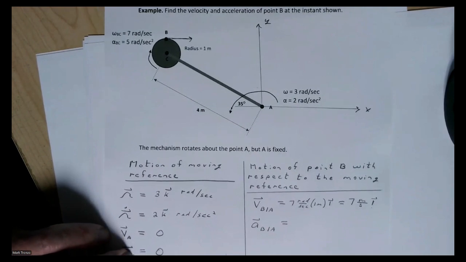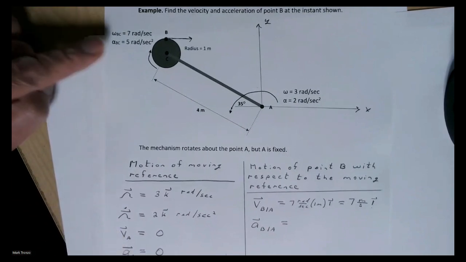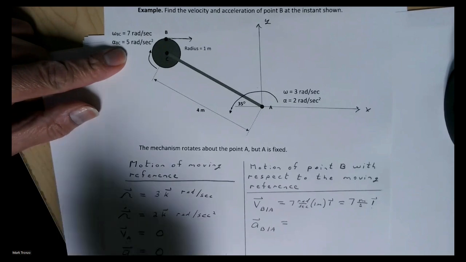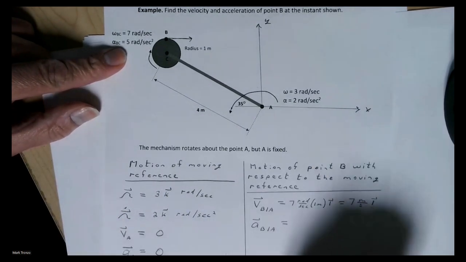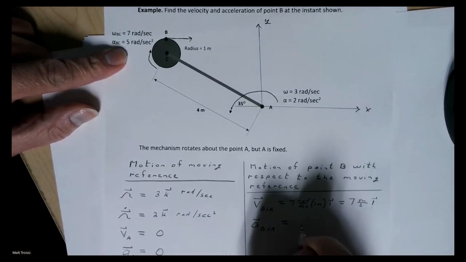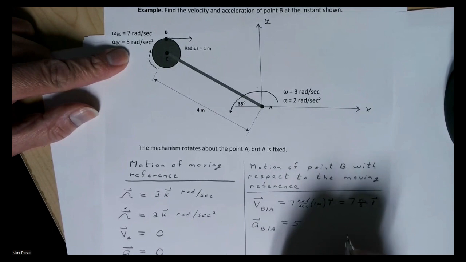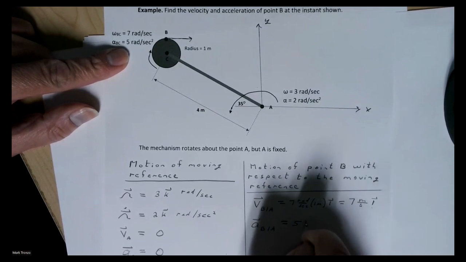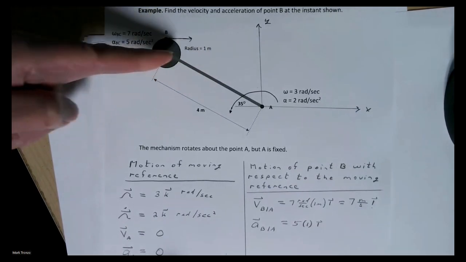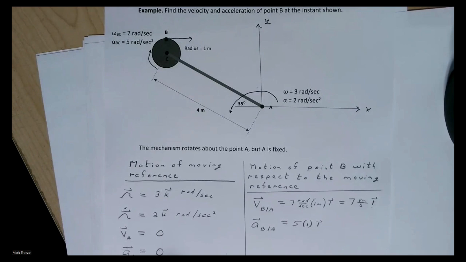Then for the acceleration of this, again in the I direction, I'll just put the numbers out. It'll be 5, the angular acceleration, times a 1 meter radius. And again, that's going to be in this direction here.